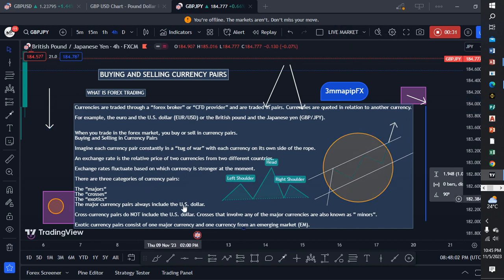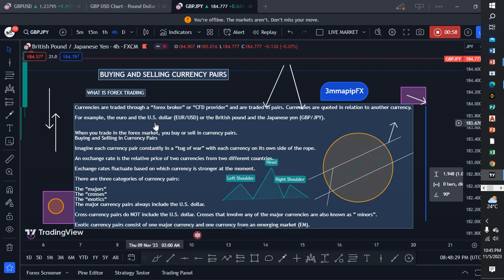When you're selling one currency, it means you're also buying one currency. So when you sell, when you're going bearish, it means you're also going bullish at the same time. You're selling one currency, on the other hand, you're buying one currency. This is what is meant by the term simultaneous buying of one currency and selling of another.